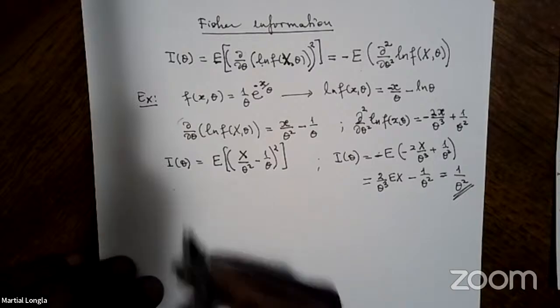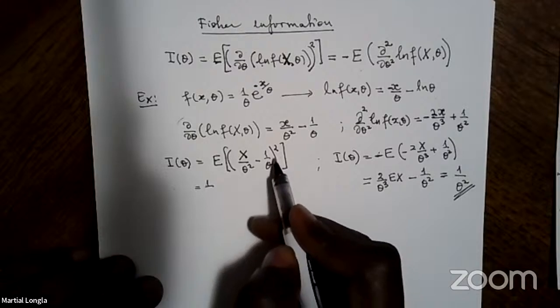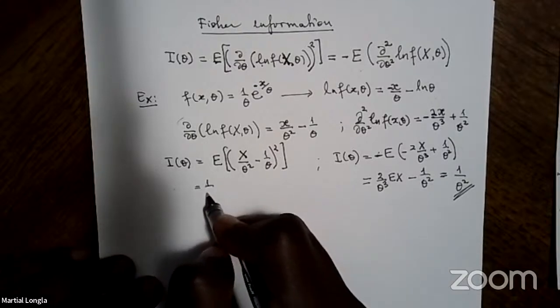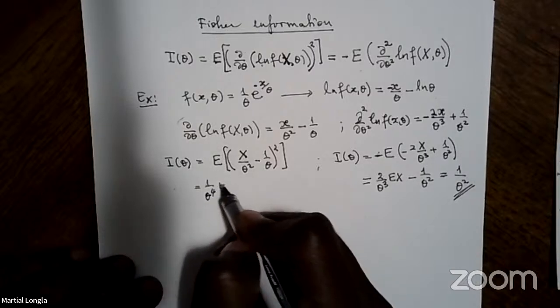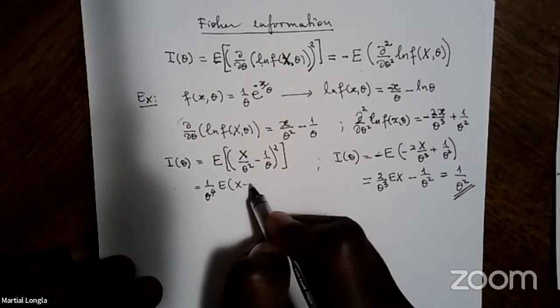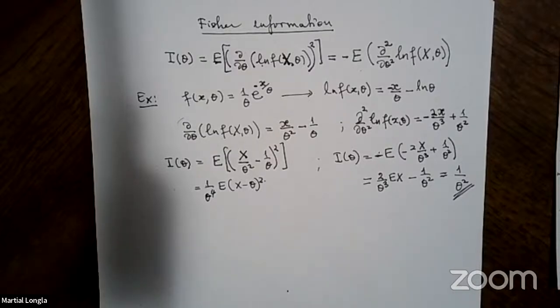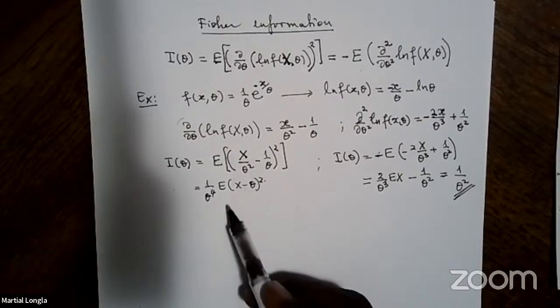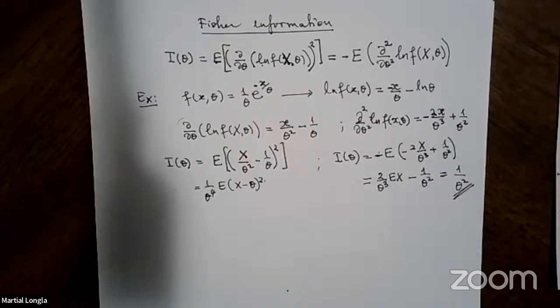Or we can also say this is equal to 1 over theta to the fourth times the expected value of (x minus theta) squared. But theta is the mean, so the expected value of (x minus theta) squared is the variance. And what is the variance of the exponential equal to?